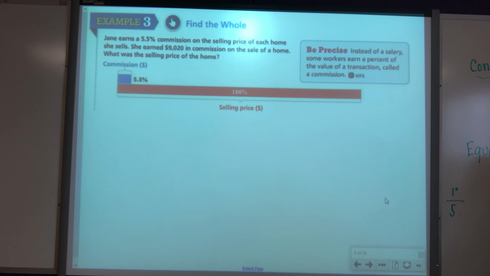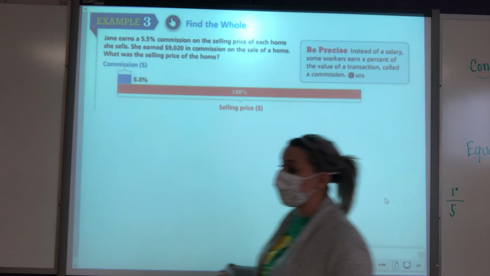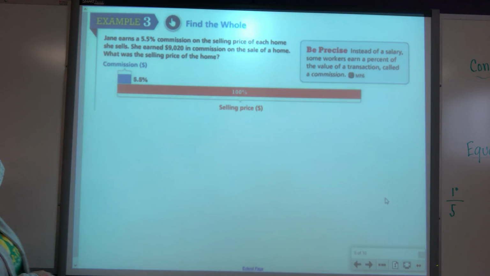They might get a base salary of $25,000, but then they have to hustle to make the rest of their money, right? Instead of a salary, they get a percent of every transaction that occurs under their name.